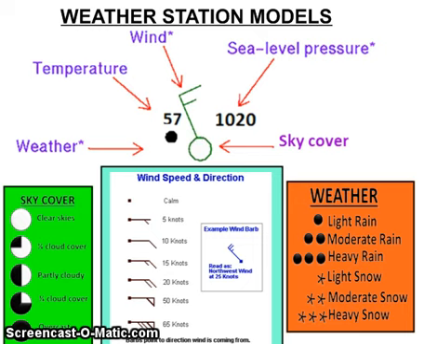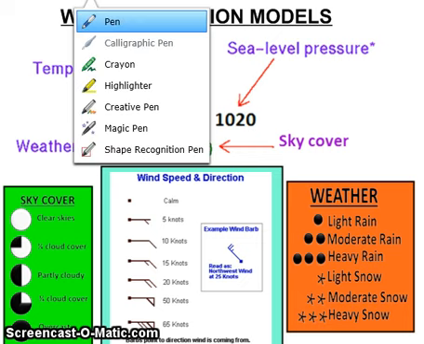If I could draw an arrow of what that actually would look like, the wind coming from the northwest, it would actually look like this. So that's what the wind would actually look like. But we put this in this direction because we want to acknowledge that the wind is coming from that direction.